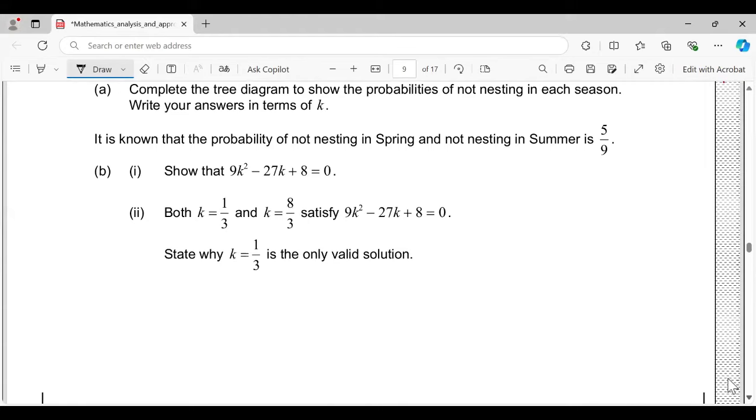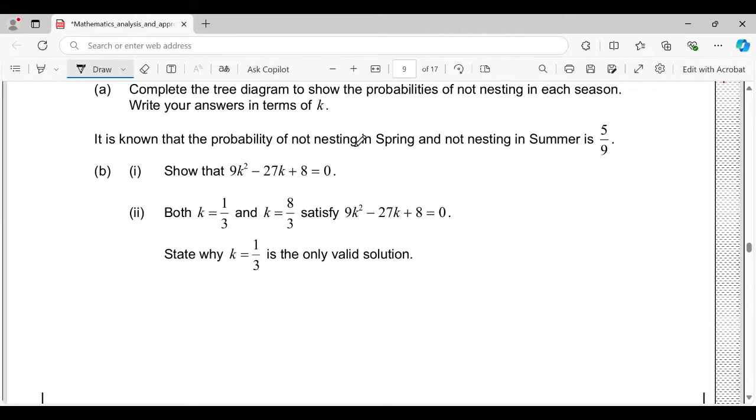It is known that the probability of not nesting in spring and not nesting in summer is 5/9. Show that 9k squared minus 27k plus 8 equals 0.